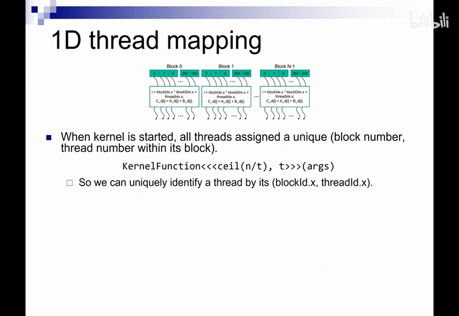So we start this grid of threads. How do we map the individual threads onto the data that we care about? This of course depends on the problem that you're solving, but I'll do an example with the vector addition problem. When you start the kernel, every thread is going to get a unique block number, the block ID, and a thread ID within that block.